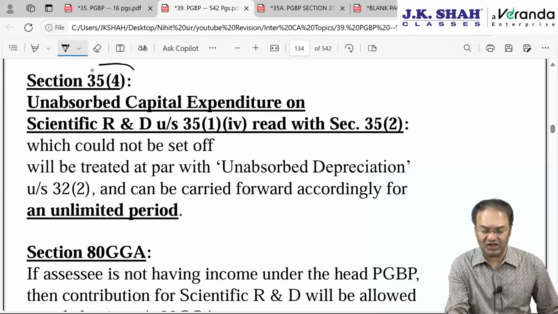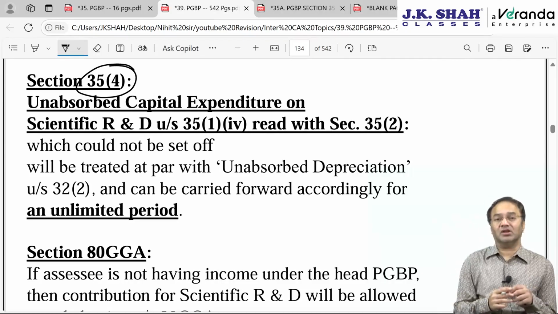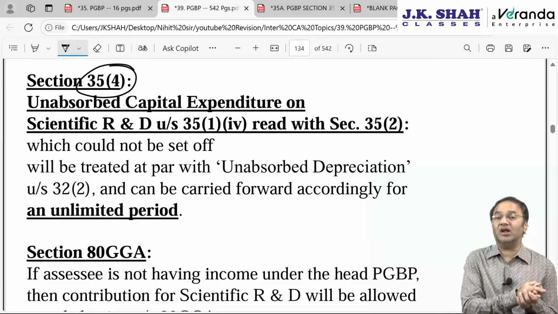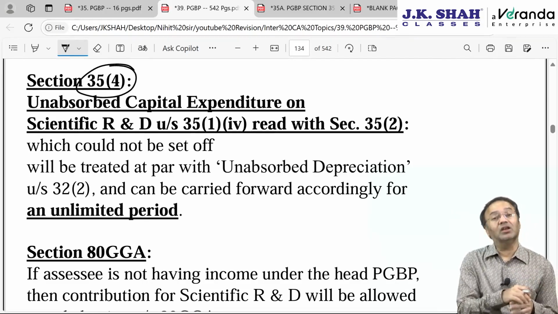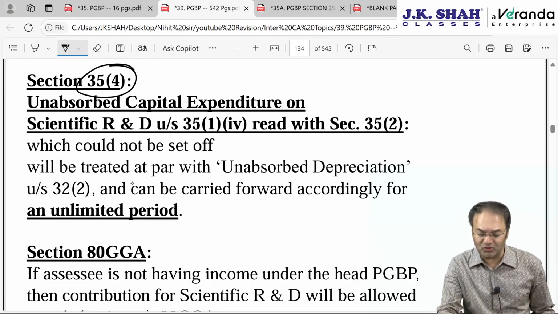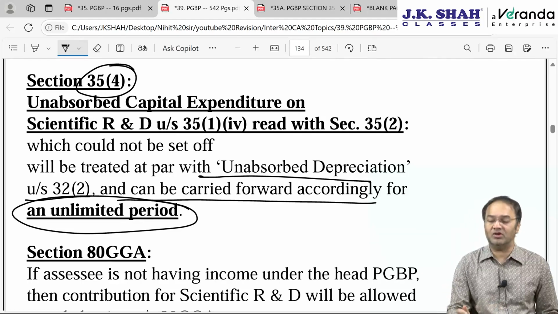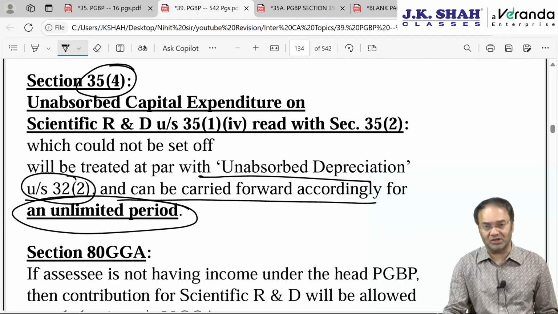35 subsection 4 says that if it is a capital expenditure under category 1 or category 2, and it remains unabsorbed, then it will be treated at par with unabsorbed depreciation and accordingly will be allowed to be carried forward for an unlimited period, just like 32(2) unabsorbed depreciation.